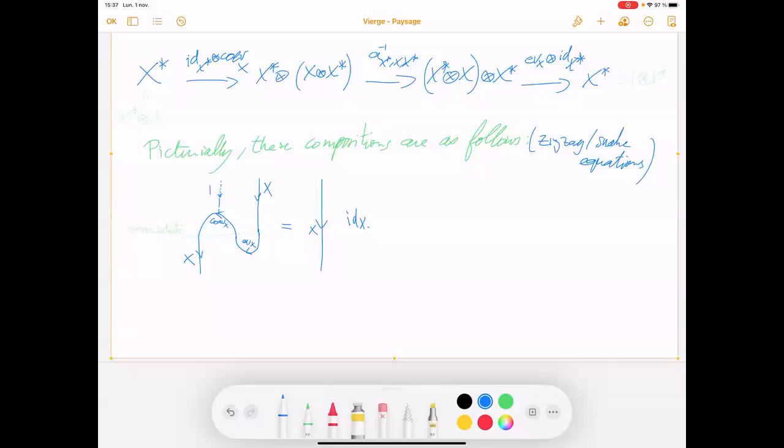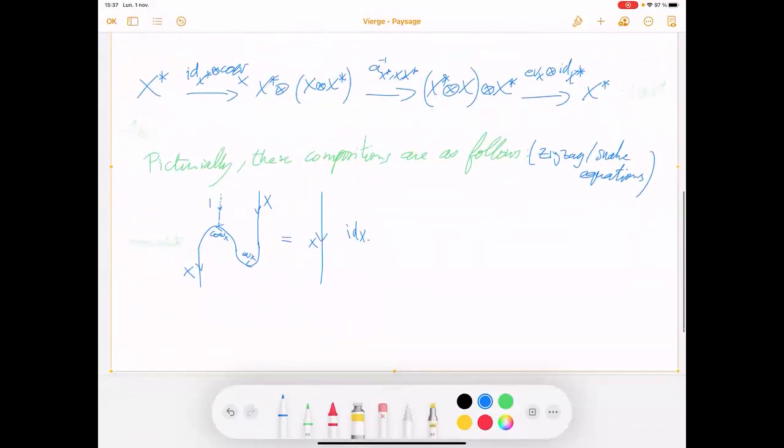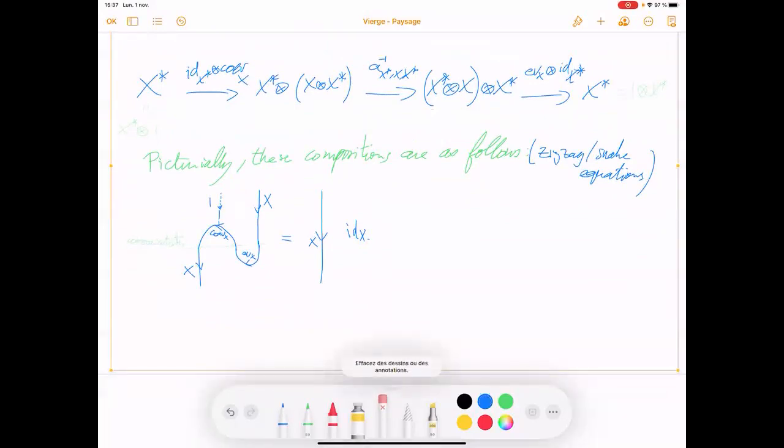So this is for the first, and for the second one, for the second identity, you have the same picture but symmetric. So you have something similar.